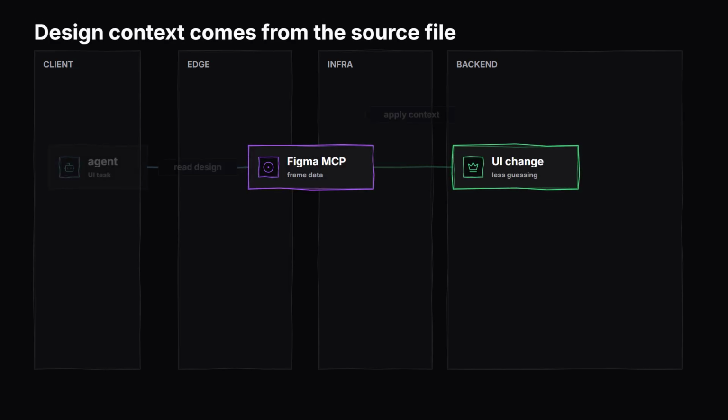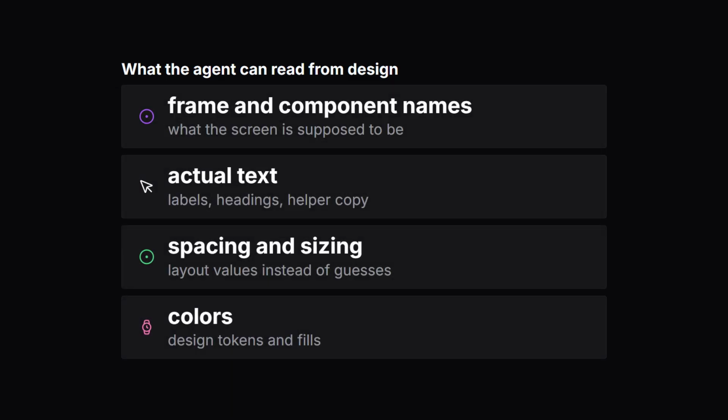For Figma, MCP is useful when UI work needs design context. Instead of guessing from a screenshot, the agent can read frame names, component names, text, spacing, and color information. For internal tools, keep the MCP surface narrow.